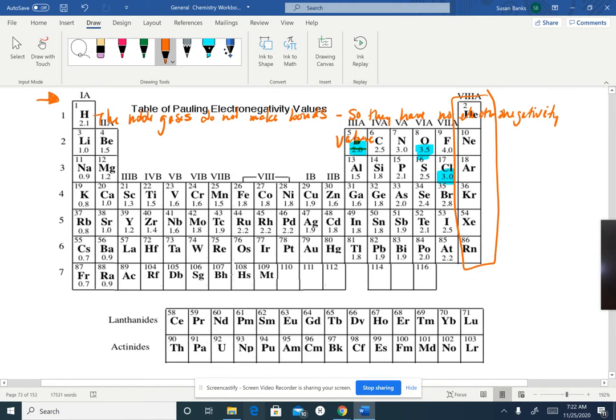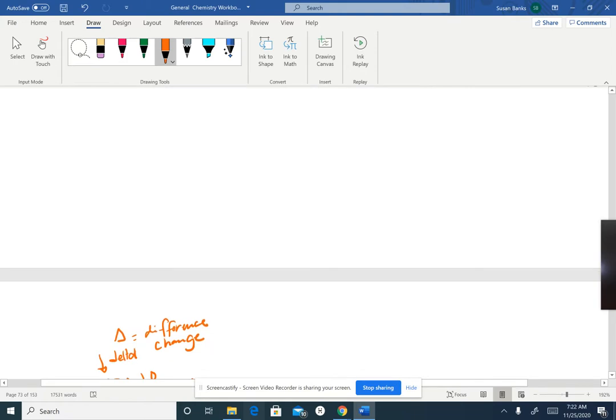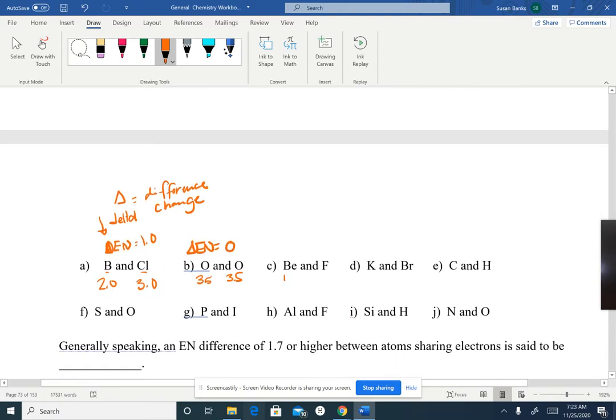Beryllium is 1.5 and fluorine is 4.0. So I want the difference here. If you want, you can always start with the 4 because it's larger. So 4 minus 1.5 gives me 2.5. So my difference there is 2.5.